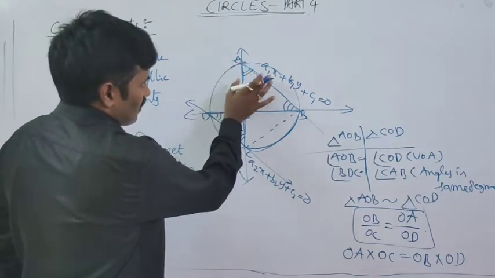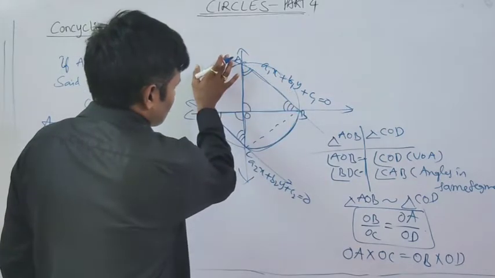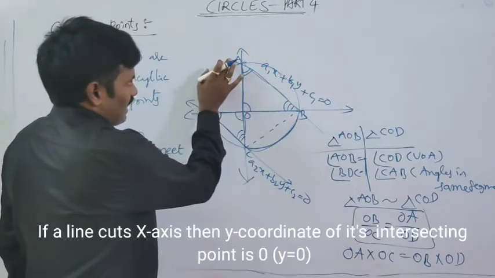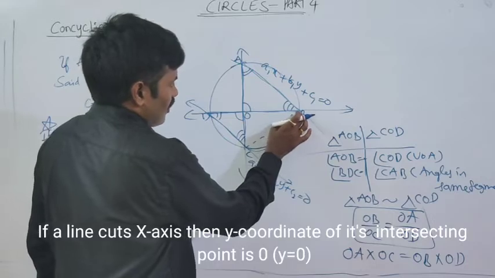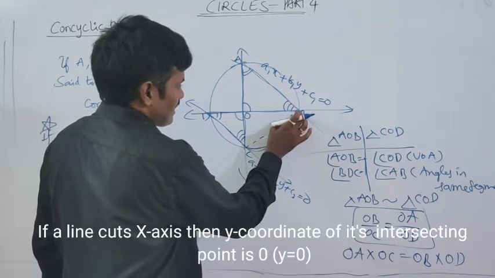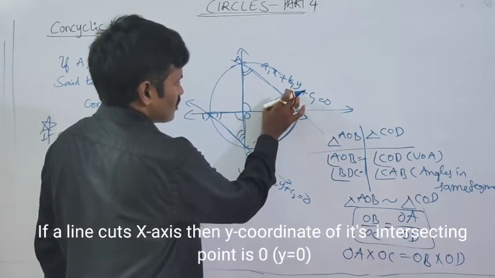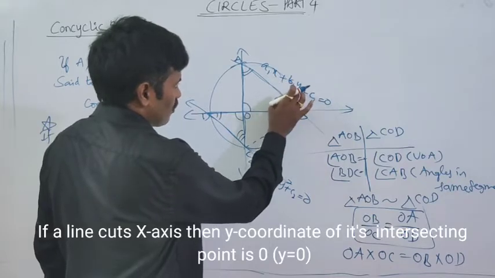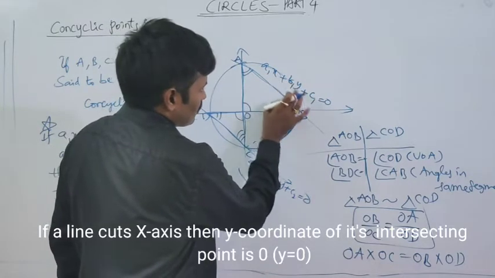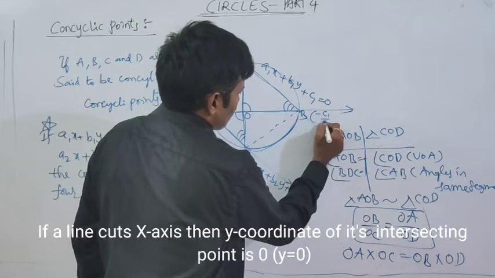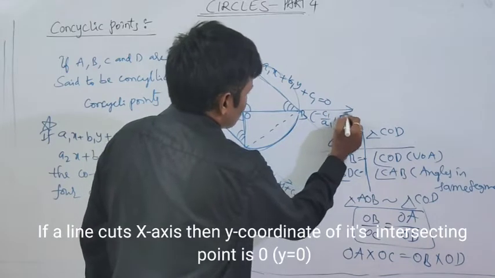Now, the line a1x plus b1y plus c1 is equal to 0 intersects the x-axis at point B. It is intersecting the x-axis at point B, which means the y coordinate is 0. If the y coordinate is 0, then what will be the x value? Minus c1 by a1, comma 0.